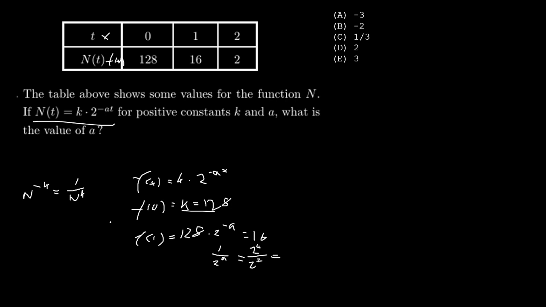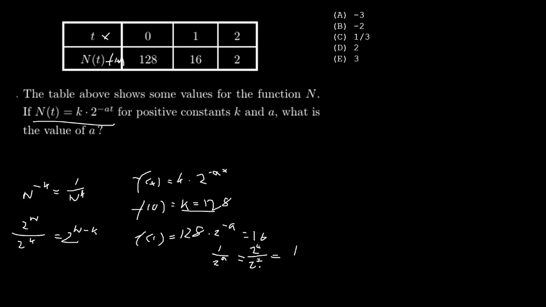And now we have to remember, well, we actually don't have to remember how to divide this, but it's good if we remember. So 2 to the n over 2 to the k would be equal to 2 to the n minus k.